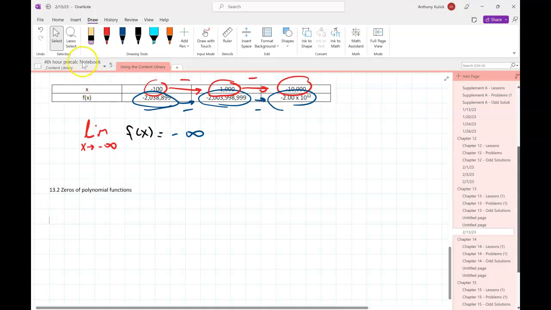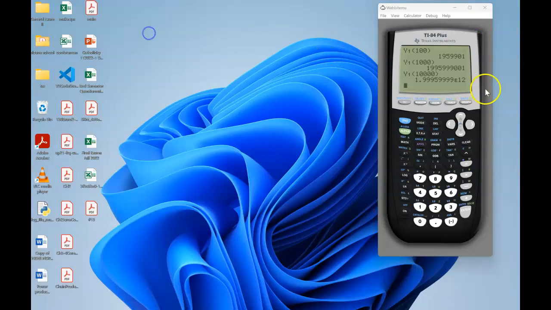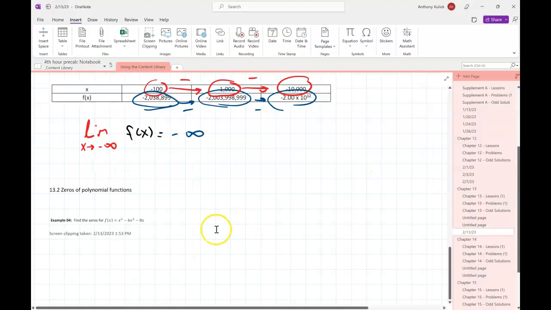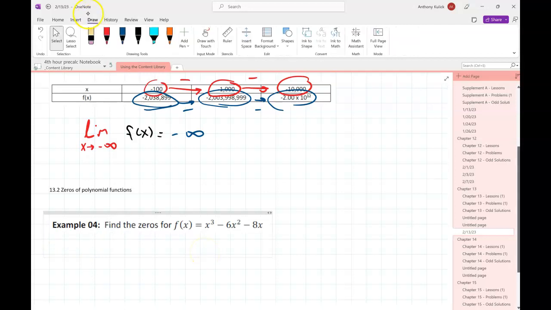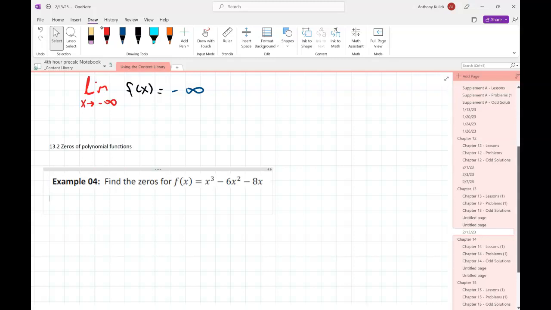So we've talked about finding zeros graphically, right? What if I want to start doing that algebraically? That's going to be the main push for the rest of this chapter. So if I want to solve this, or I want to find the zeros here algebraically, the 0 is the same thing as an x-intercept, correct?